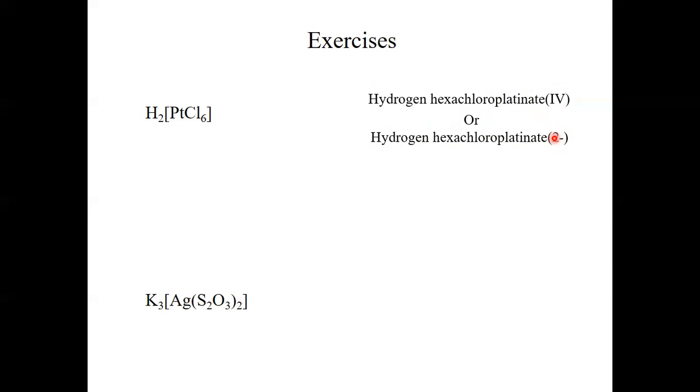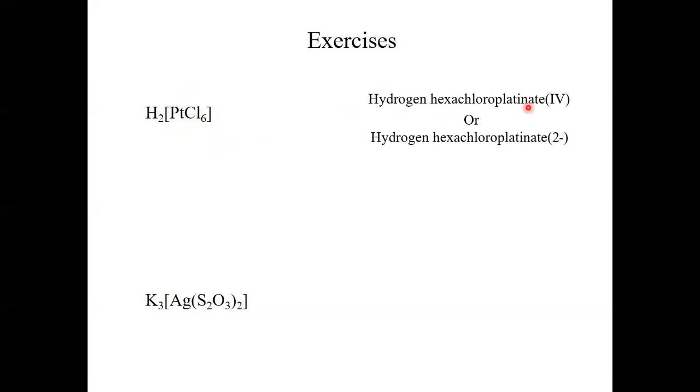Now, why is the name like this? We have to name the cation first. So this is hydrogen. Then we have 6 chloro ligands. So we have hexachloro. The metal is platinum. So we have to give the ending ate. Now, we again remove the ending um, and just add ate after the n.